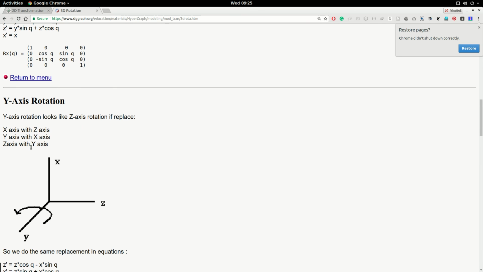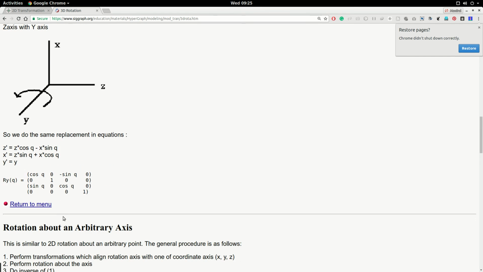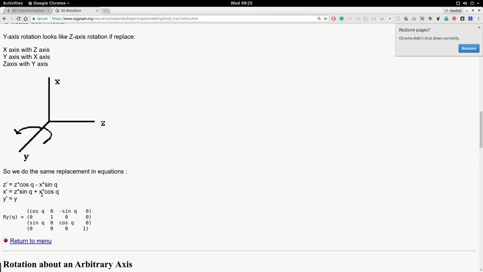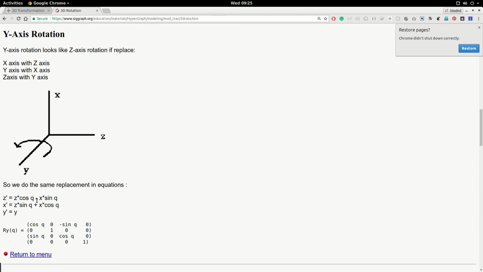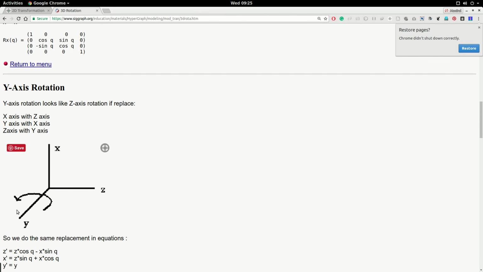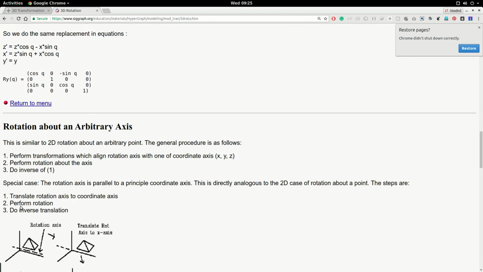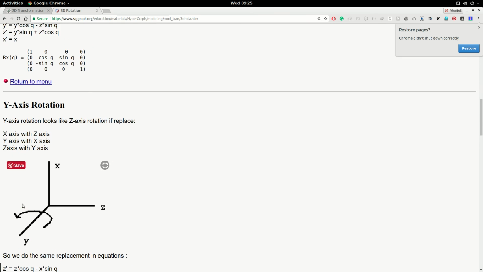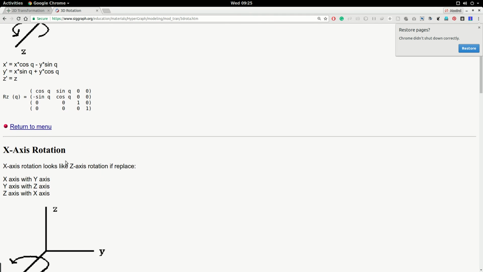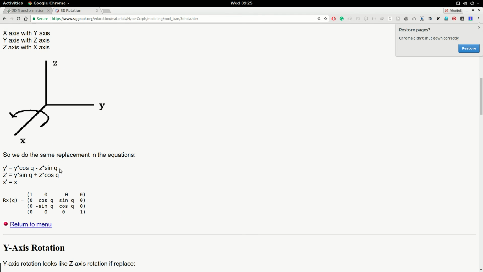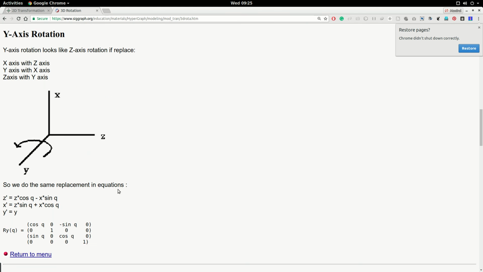For the y rotation, this is what we have, sine and cos. And for the z, it's cos minus sine, sine plus cos.